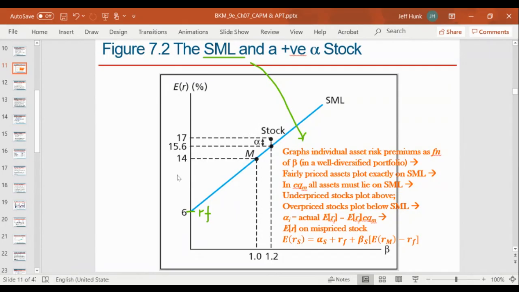So how would you end up with a positive abnormal return? What would make the stock result in a positive abnormal return?